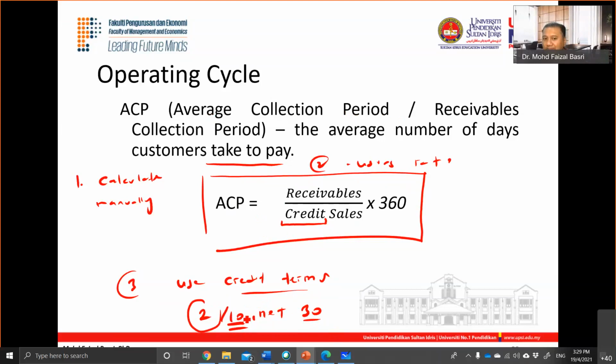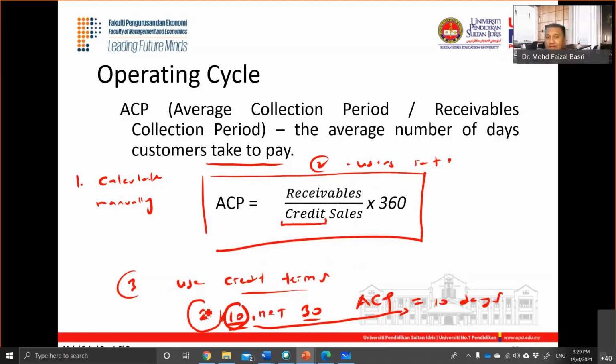So between 10 and the 30th day here, we're going to assume the customer is going to pay within 10 days. So if the question gives us credit terms like this, we don't have to calculate. We just assume the ACP here would be 10 days, because we encourage our customer to pay early by giving out discounts. So that's the assumption.